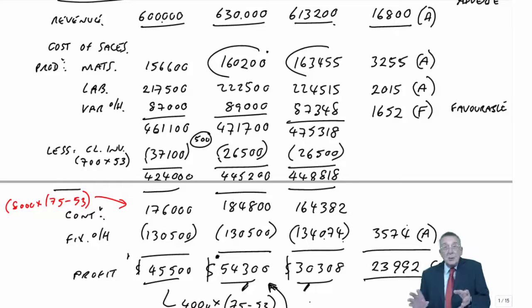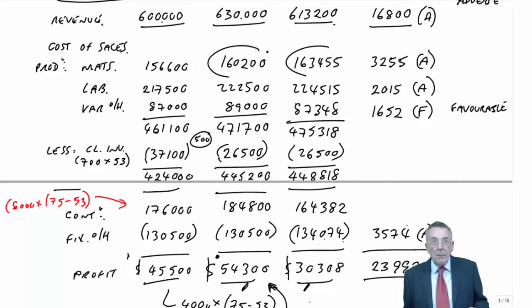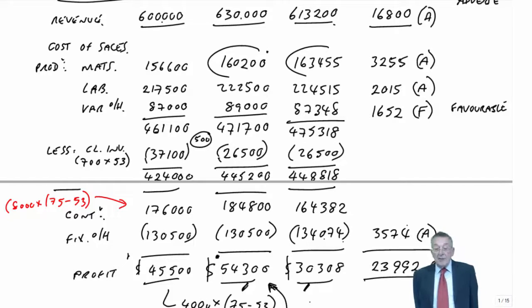So we need to know, have the two managers performed well or badly? And also, it's not simply a question of finding out, oh, we've overspent. We need to know why, to see if in the future we can try and avoid overspending. If we're wasting too much, maybe we can cut down waste in future months, and so on.